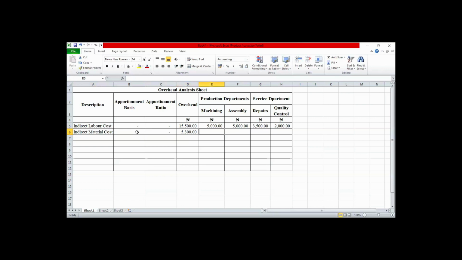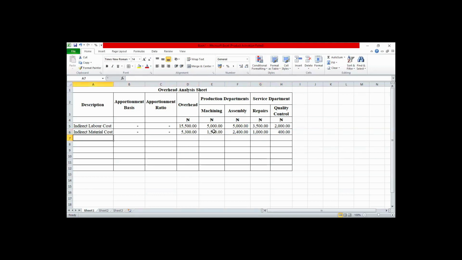Now, how do they share it? 1,500, 1,500, 2,400, 1,000 naira, and quality control, 400 naira. When we put the entire pot together, it must give us 5,300. Correct.